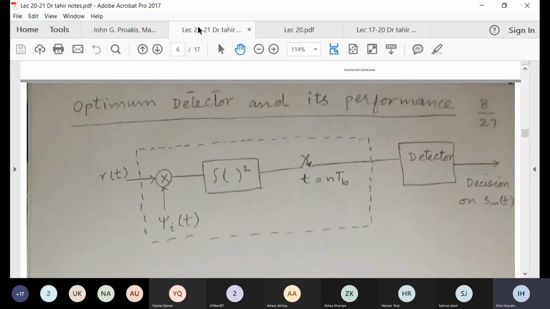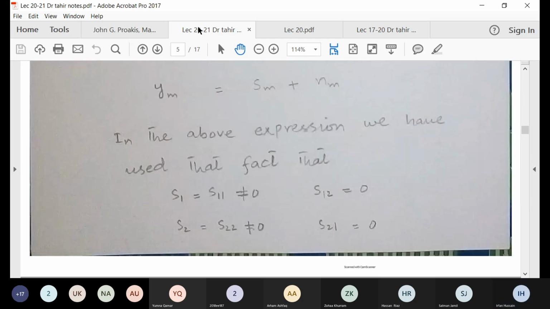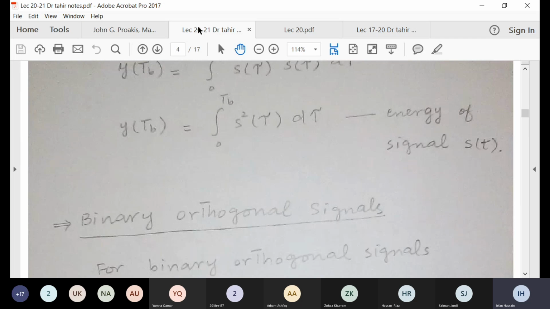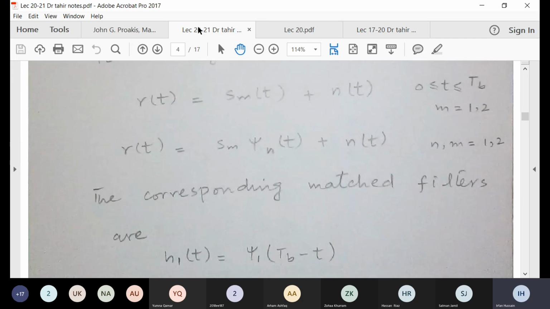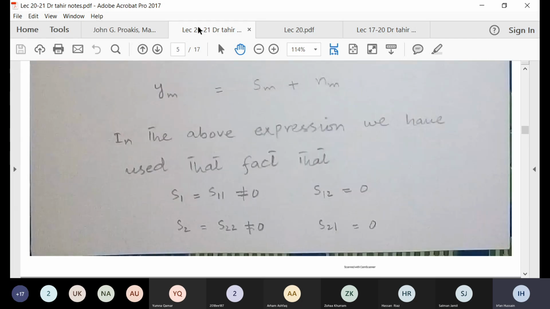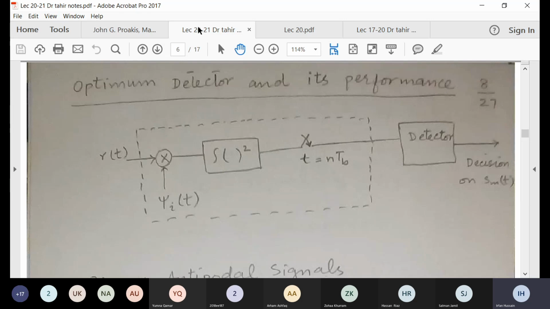Now we have the optimum detector and its performance. Now what is a detector? You have a demodulator which you can correlate, so it passes through a matched filter and then you sample it.